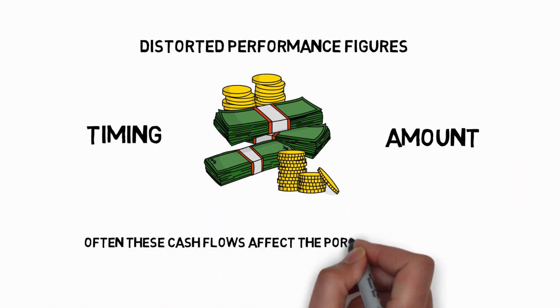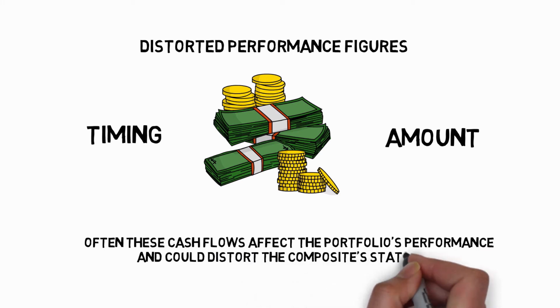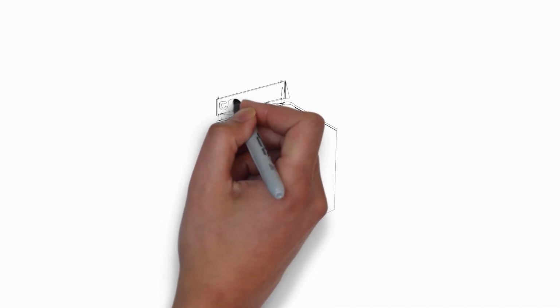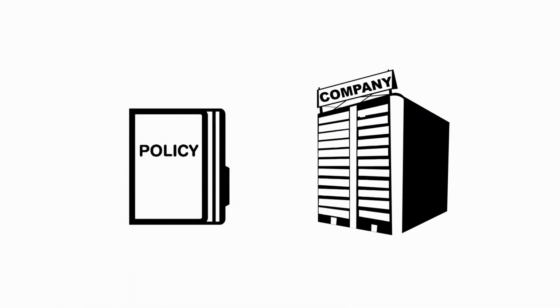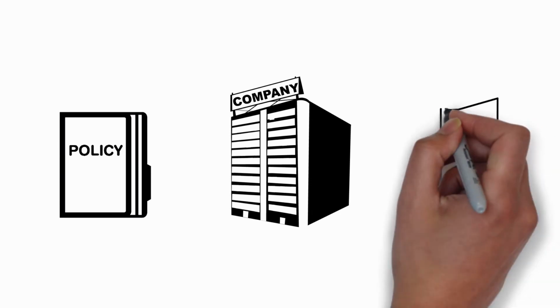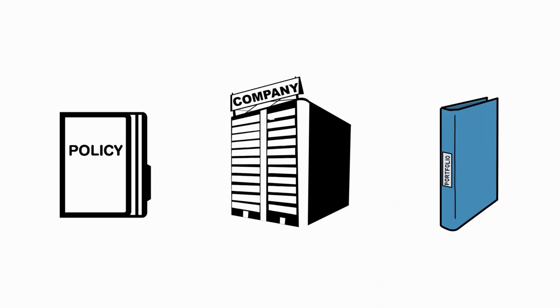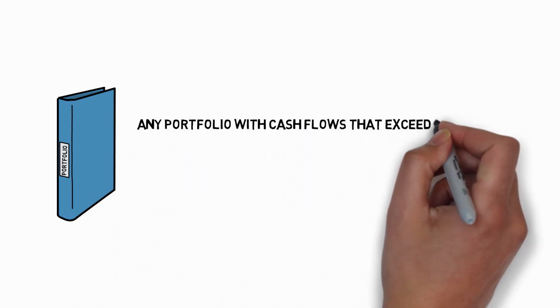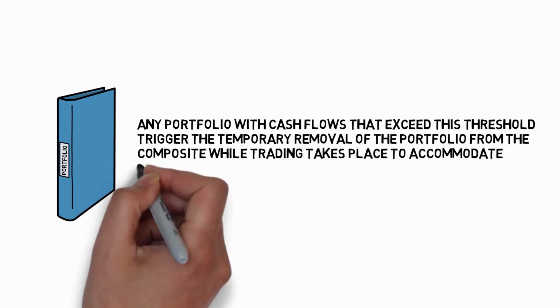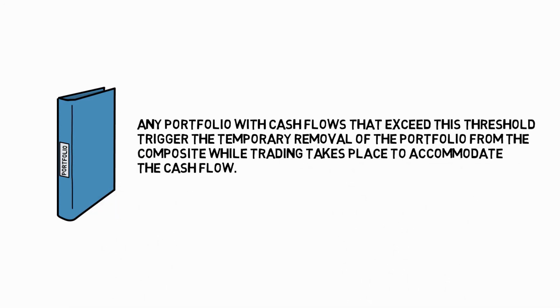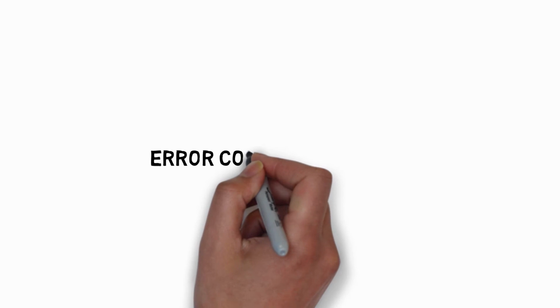Often, these cash flows affect the portfolio's performance and could distort the composite statistics. Firms that implement a significant cash flow policy establish a threshold for cash flows. Typically, these thresholds are determined based on the percentage of the portfolio's beginning of month market value. Any portfolio with cash flows that exceed this threshold trigger the temporary removal of the portfolio from the composite while trading takes place to accommodate the cash flow.